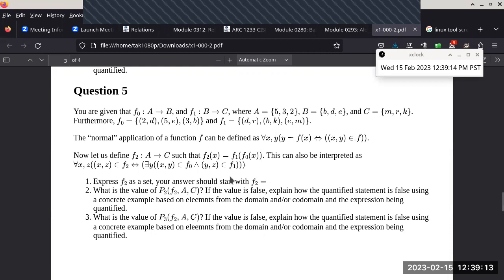And then the third part is still the same. Now we define F2 mapping from set A to set C such that F2 of X is F1 applied to the result of F0 applied to X. In other words, we use F0 to map X to something in the set B, and then whatever that thing is in B, we use F1 to map it to set C. So it's still basically the idea of a compound function.